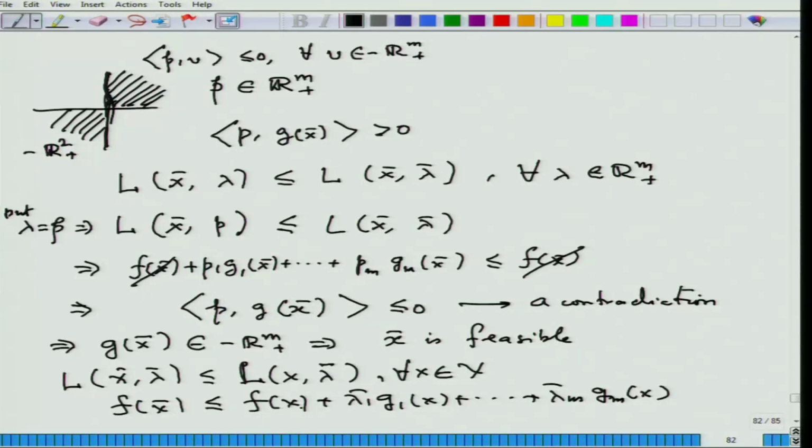So, this whole part becomes negative, because lambda 1 bar, lambda 2 bar, lambda m bar are non-negative, they are greater than or equal to 0. So, this is true if x is feasible, and that gives you the answer. So, f x bar is less than or equal to f x for all feasible x. So, that is what we have proved.